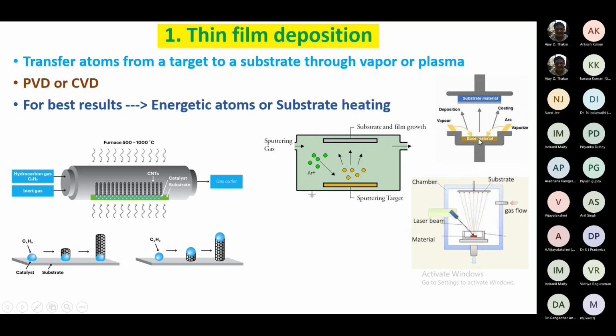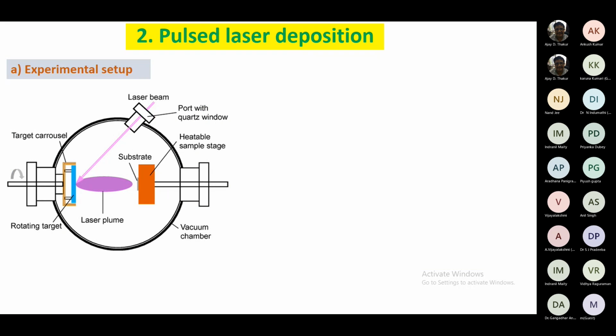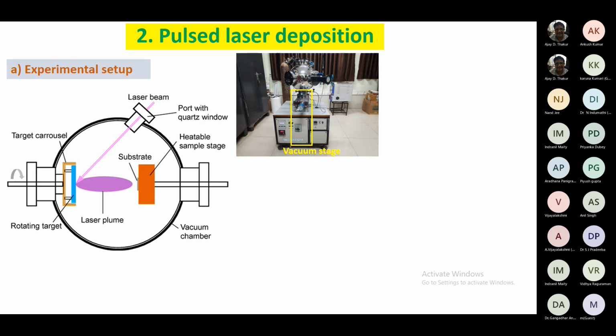And here it is showing thermal evaporation by vapor formation using thermal heating, and the vapor will be deposited on the substrate material. And for the PLD, sir has already discussed the process very beautifully. Then this is the schematic which was already discussed, and some pictures of our system which were already shown in the video.